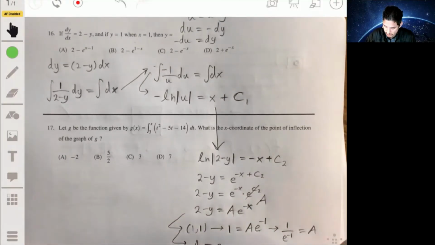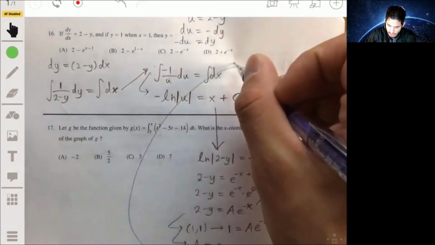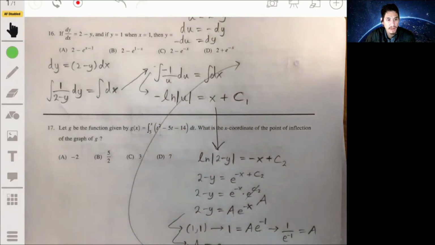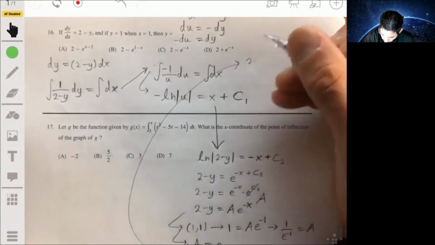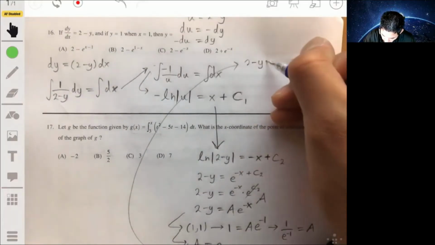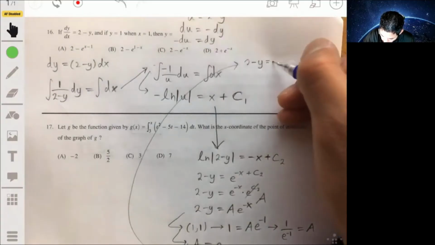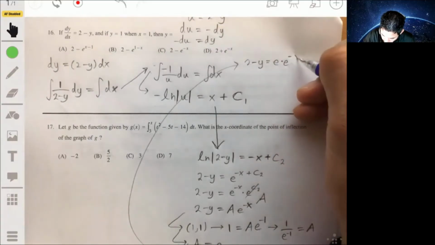Our a is equal to e, and let's go rewrite this way up here so we can go back. So then we can have that 2 minus y is equal to e times e to the negative x.